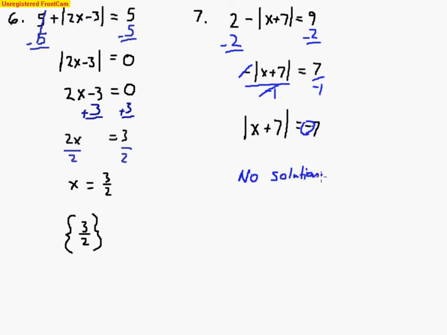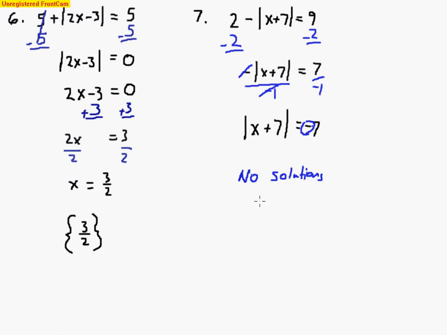If we went ahead and tried to solve for it, we would have to subtract 7 from 7 and 7 from negative 7. And if we plug those answers back in here, we would get something that doesn't make sense. It doesn't equal that number. And so whenever your absolute value, once you've isolated it with nothing left in front of it, equals a negative, we have no solutions.